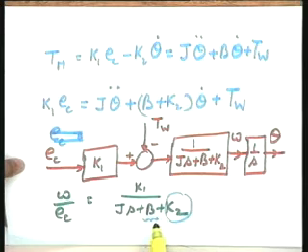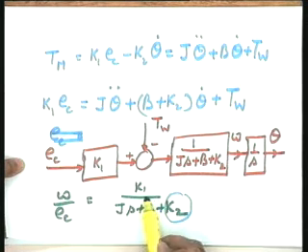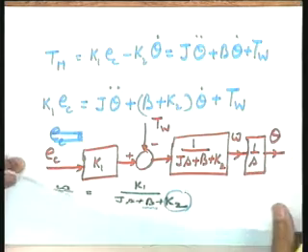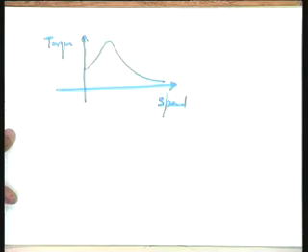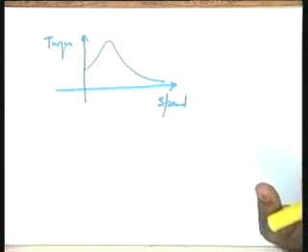To give you the hint, concentrate on this equation, that the relationship between omega and EC is given by K1 over Js plus B plus K2, where K2 adds to the damping. Now if I take this characteristic of an induction motor, that is, if I use an induction motor for servo application, do you think there will be any problem or the system will behave appropriately as per your expectations? Yes, any answer please?